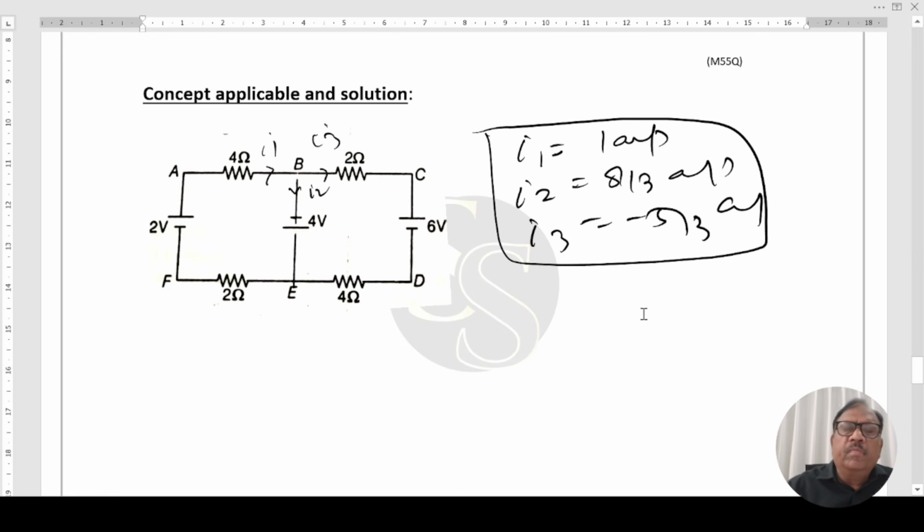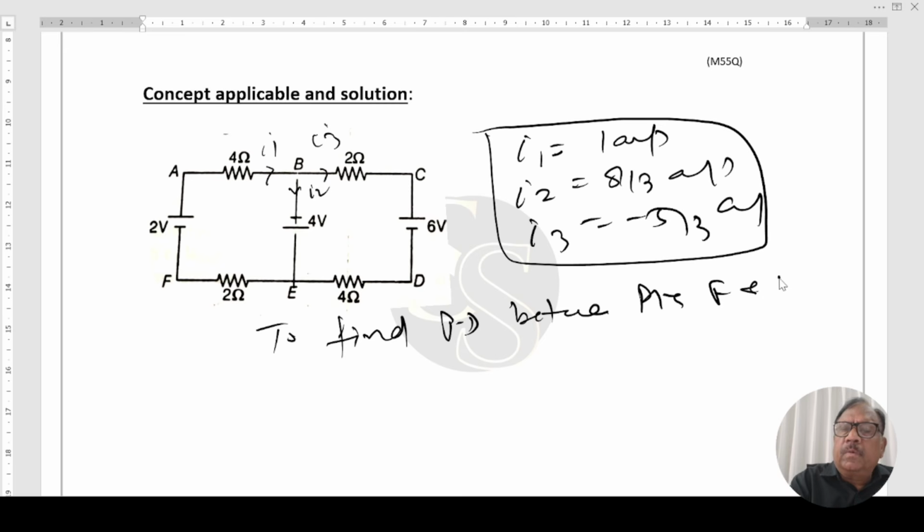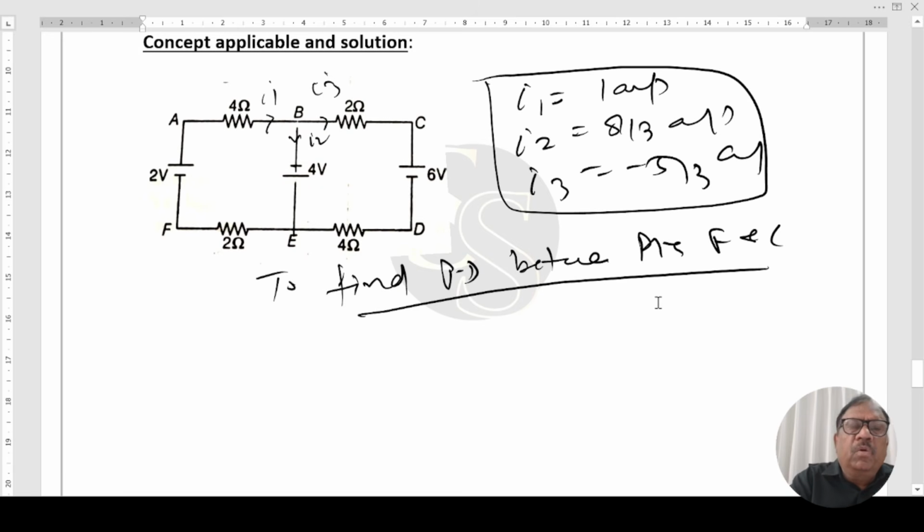What is the concept? To find the potential difference between points F and C, we can take this path. The sign convention I have already discussed. Vf plus 2, current is passing through this.